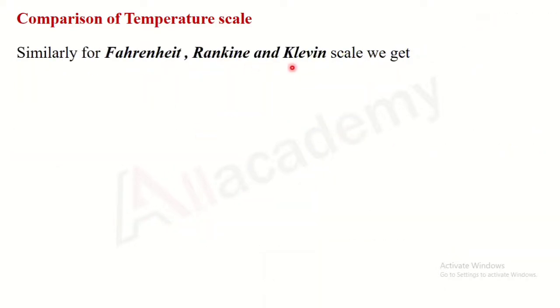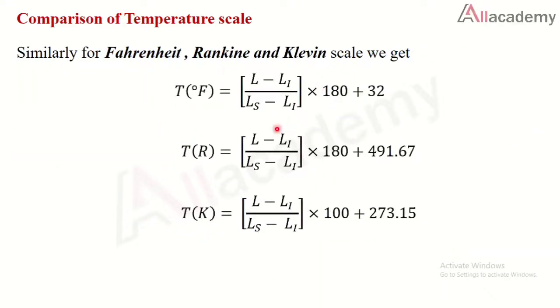Similarly, we have the Fahrenheit, Rankine and Kelvin scales. These equations are used to identify an unknown temperature in the different scales, using the two fixed points, the steam point and the ice point.